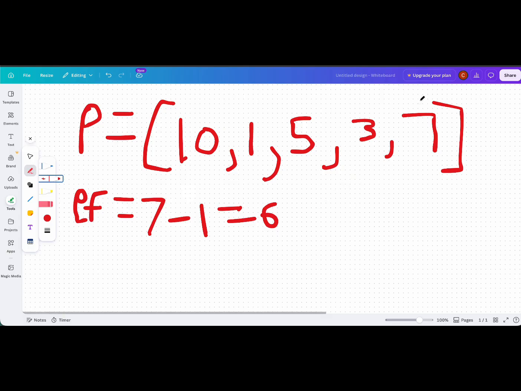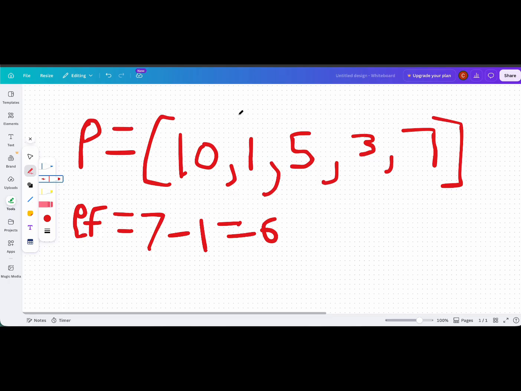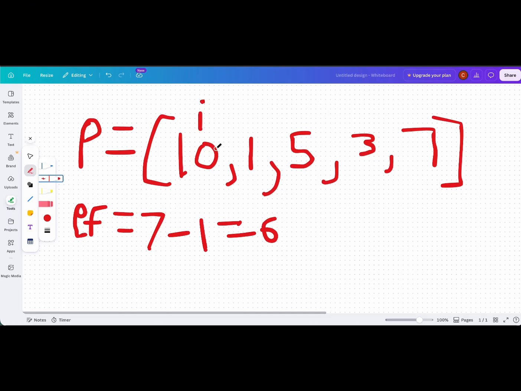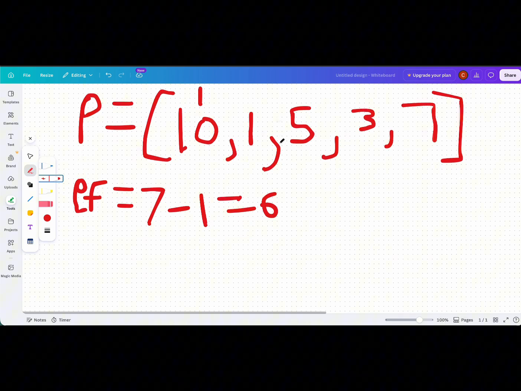So pretty much what we're doing is we're trying to find what number from here minus one of these right numbers is the largest. So if we're here, then we find the largest number here, and we subtract it by this.